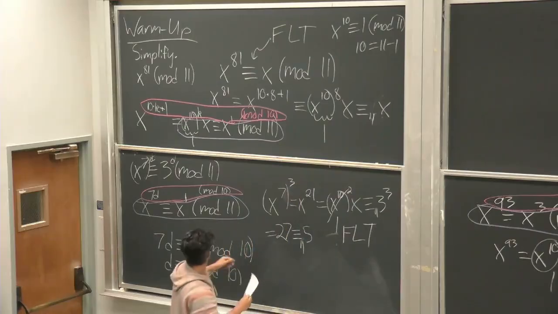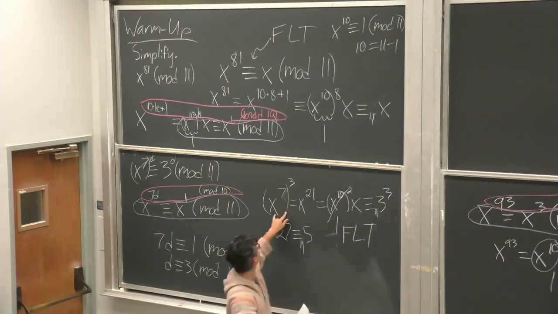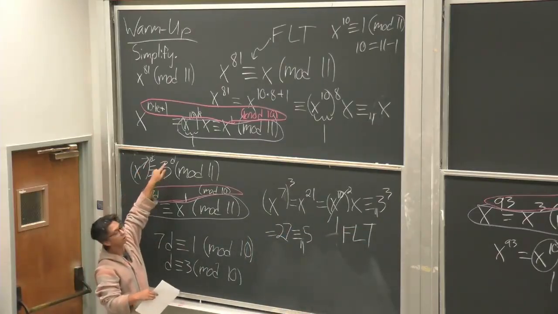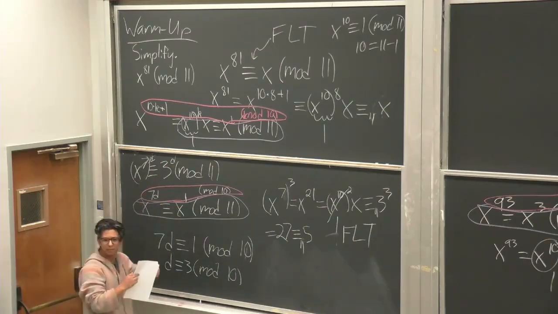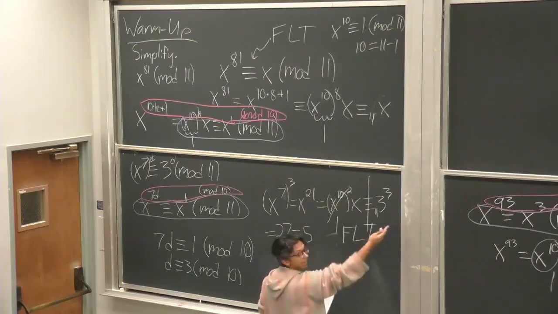So we found that d is 3, so I'm raising both sides of the equation to 3. That is x to the 7, raise it to 3, and 3, I also raise it to 3. That's me solving for x. Does that make sense? Yeah. So this was just the right-hand side of the equation. There's kind of like left-hand side, right-hand side there.